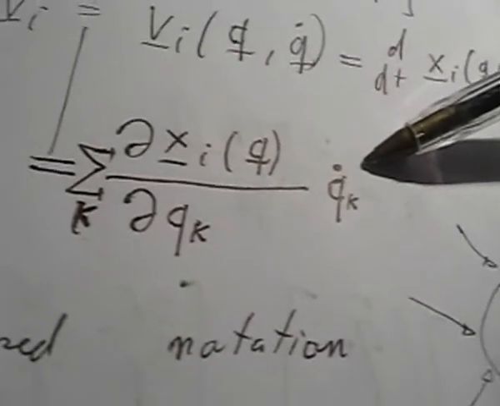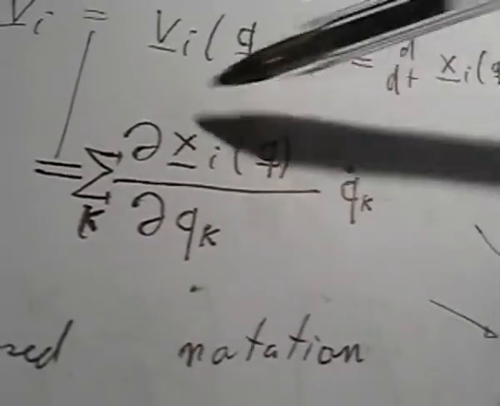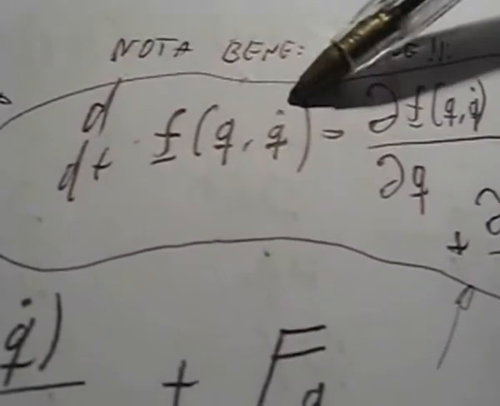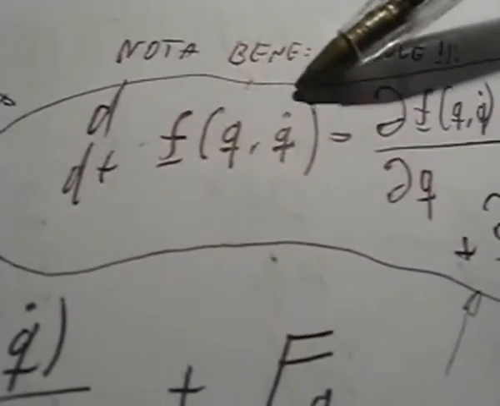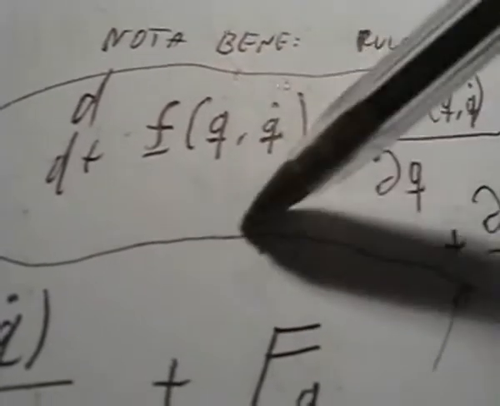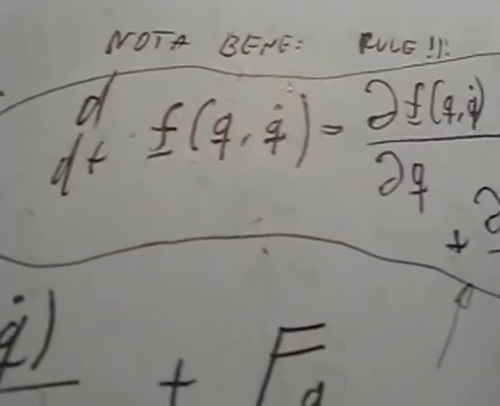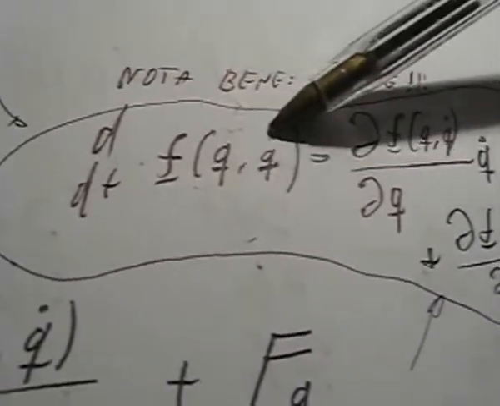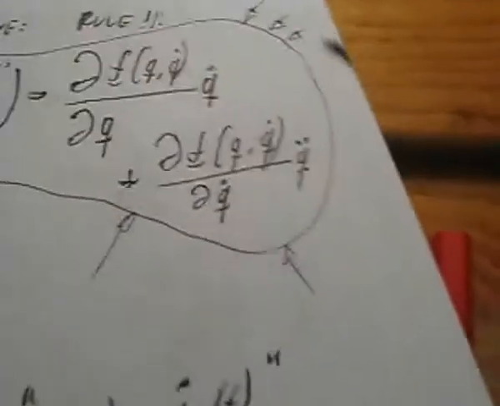Now, a very important nota bene is the extension of this rule to a vector valued function when there are two vectors, two completely independent vectors, as variables. Although it may seem that these are just lots of variables together, the rule to derive this grouped thing is this one.